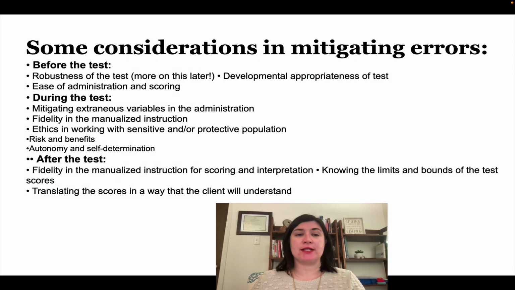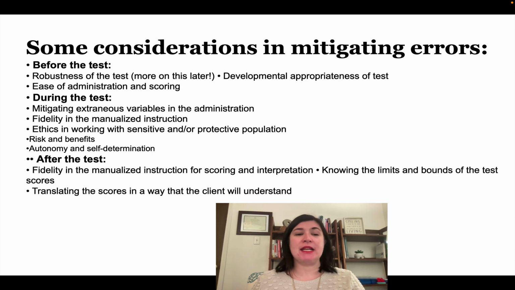Here are some considerations in mitigating errors. Before the test, make sure the robustness of the test, which we'll talk about with the reliability and validity, there's development of appropriateness of the test, and there's ease in the administration and scoring. This will help reduce the test taker's error and the test administration error.